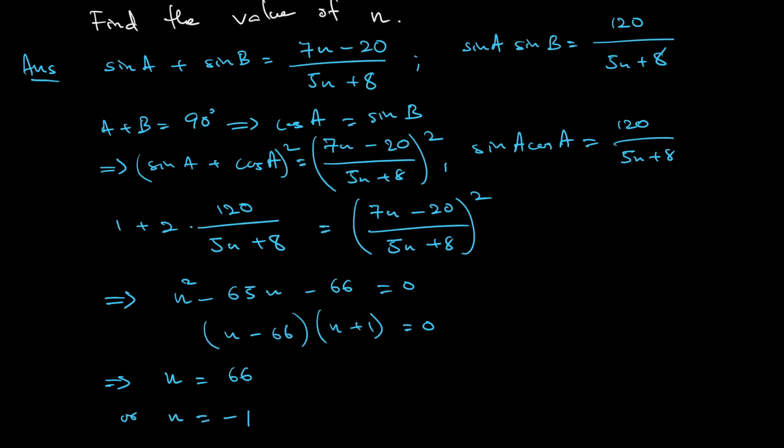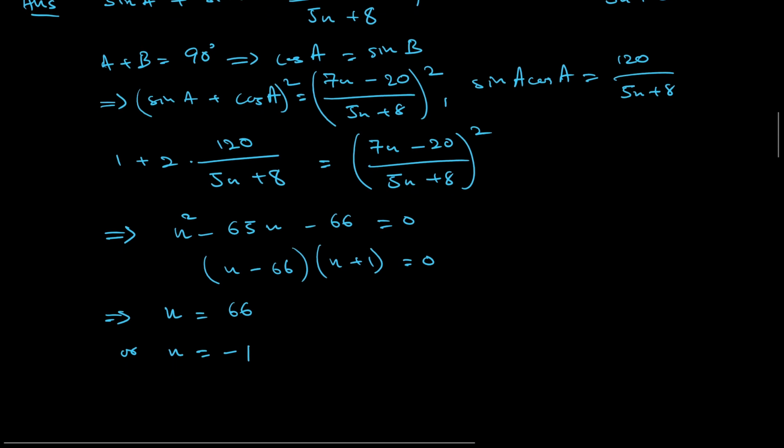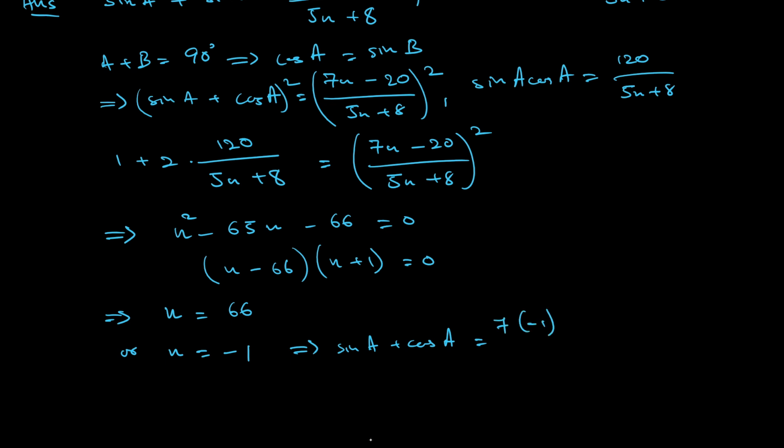But notice that n equals negative 1 may not work. Because n is negative 1 would imply that sine A plus cosine A will equal 7 times negative 1 minus 20 divided by 5 times negative 1 plus 8, and this gives you negative 9.